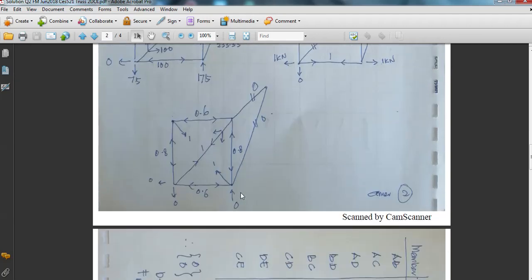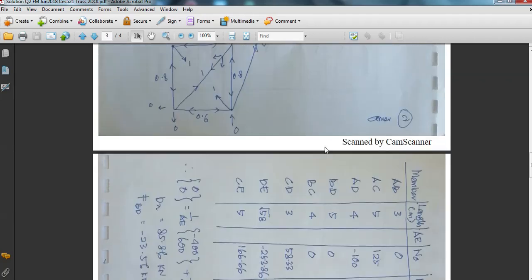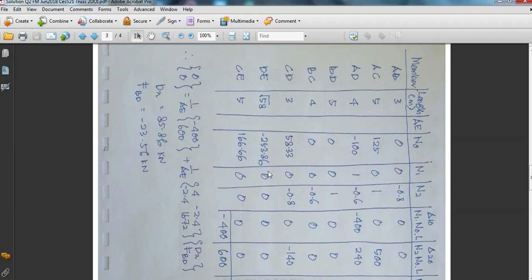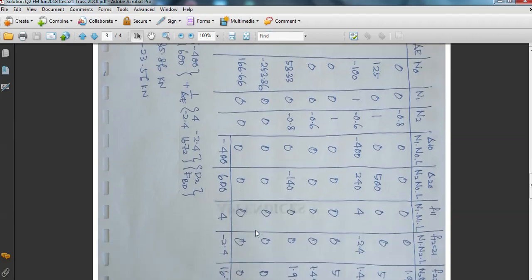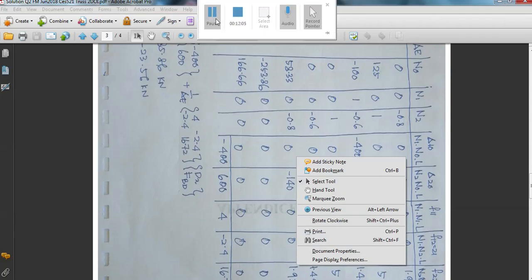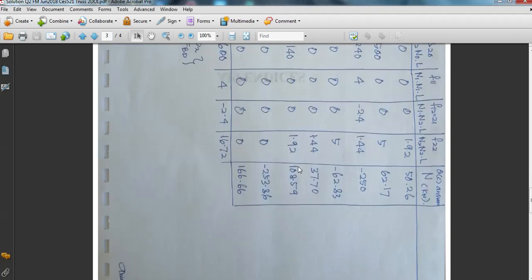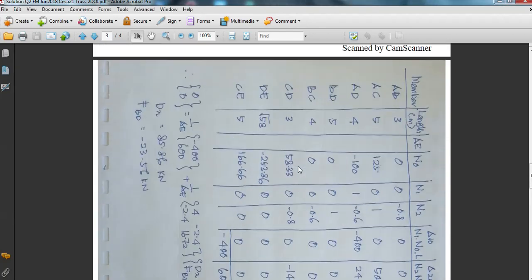Next, after you have determined N0, N1, N2, you tabulate them in table form.